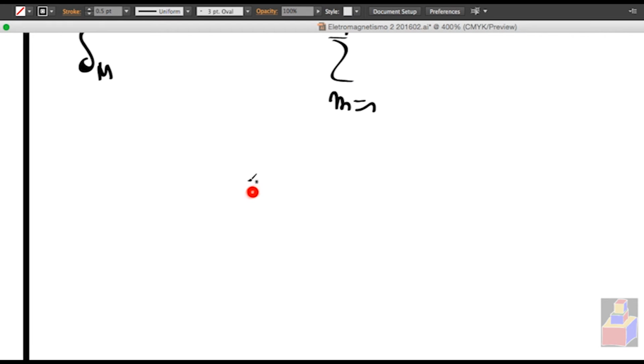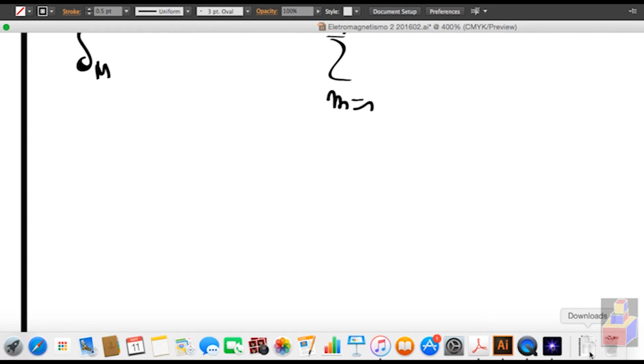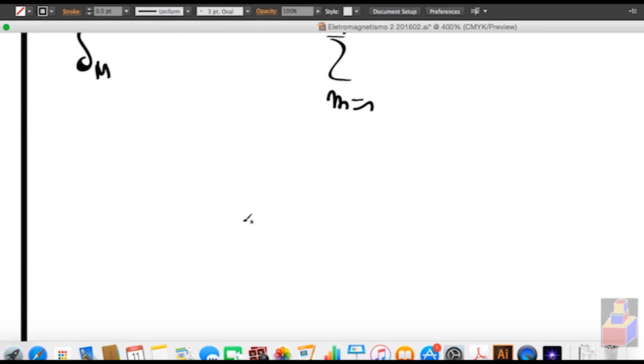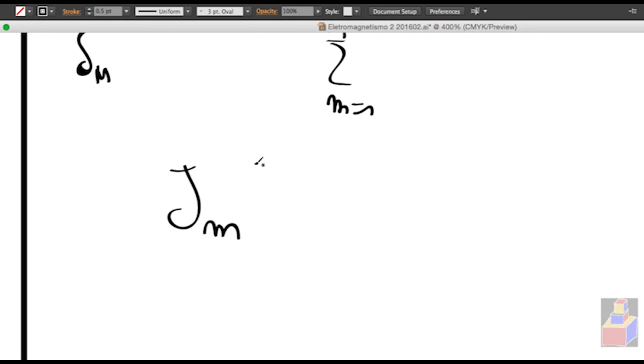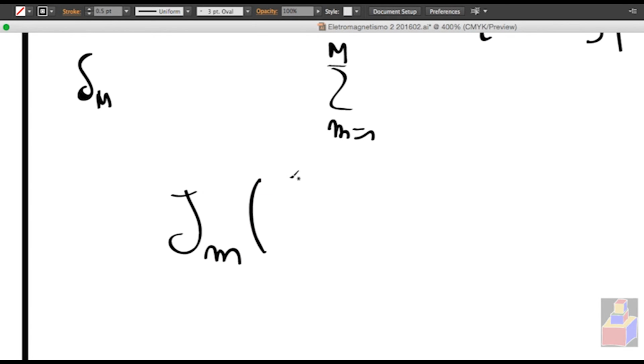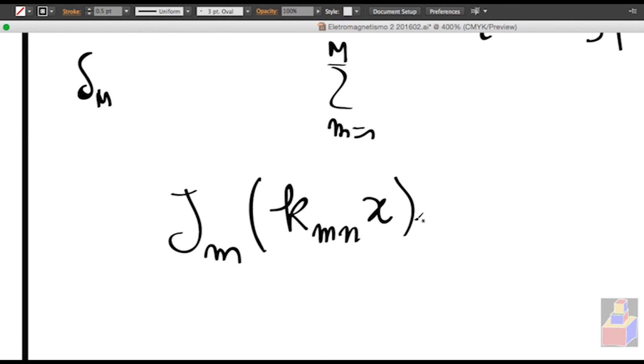So you have a Bessel function of order m, so you have to find the n-th roots of the Bessel function to write a new function like this, J_m(k_mn x). These functions are orthogonal in the interval between 0 and 1, if I'm not mistaken.